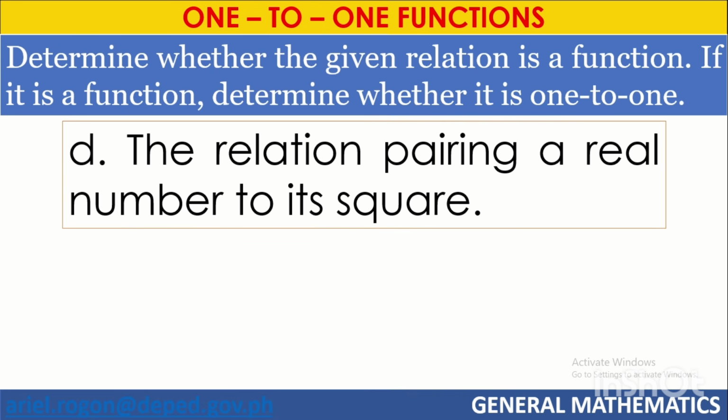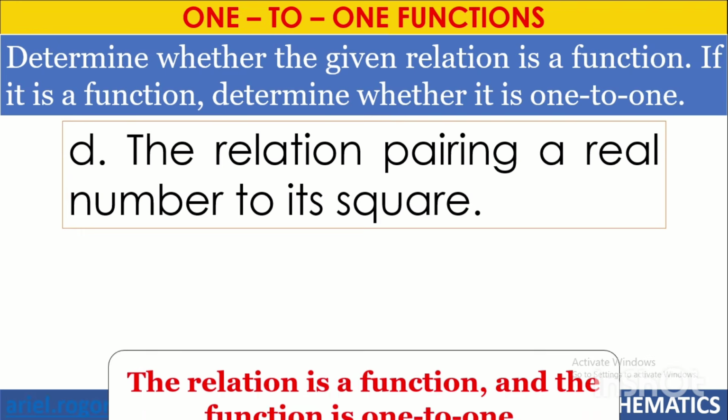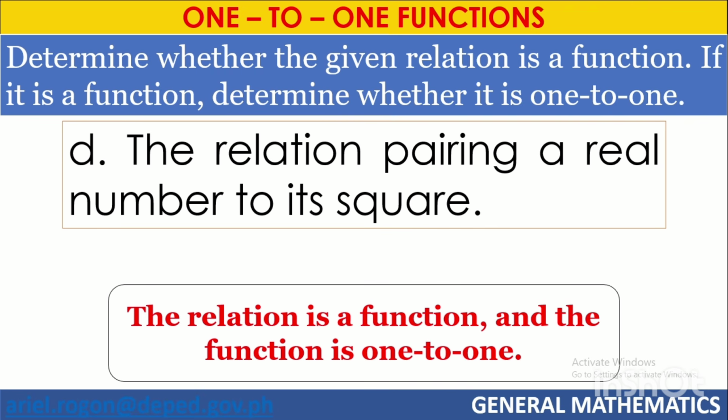Meron pa. Kapag yung negative 2 times negative 2, positive 4 din yon. Doon pa lang, meron kang dalawang input pero isa lang ang output. So alam mo na this problem is an example of, this is not a one-to-one function. Function siya pero hindi siya one-to-one. Naintindihan? Okay, next.